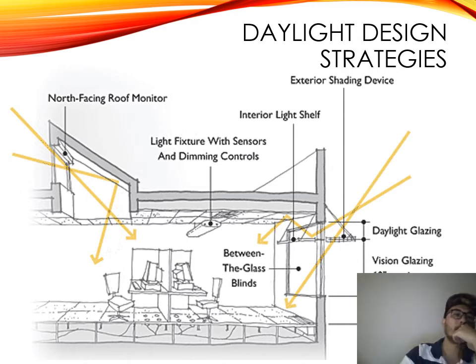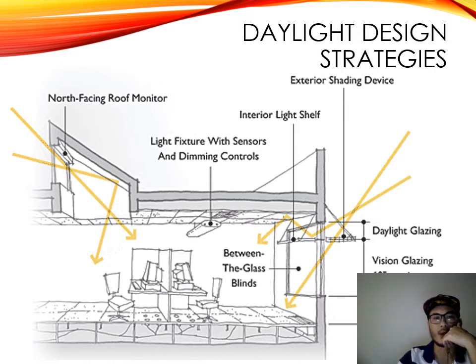Okay, so this is the daylight design strategy. This drawing shows an example of a northern hemisphere building. Why?